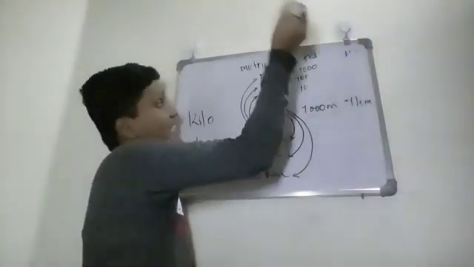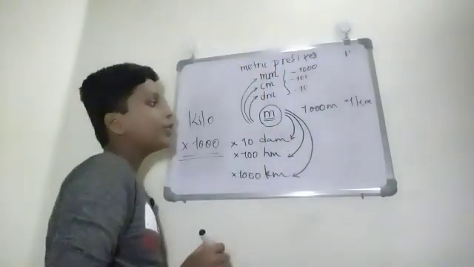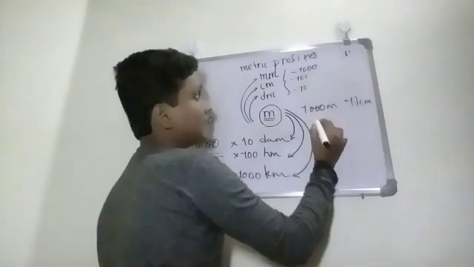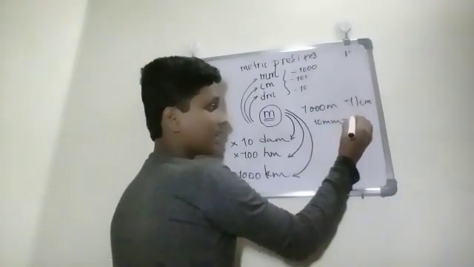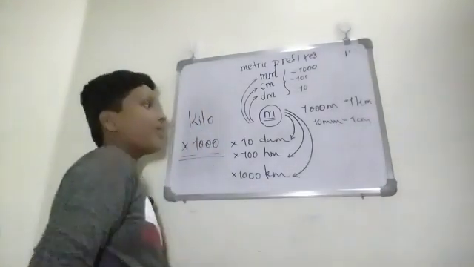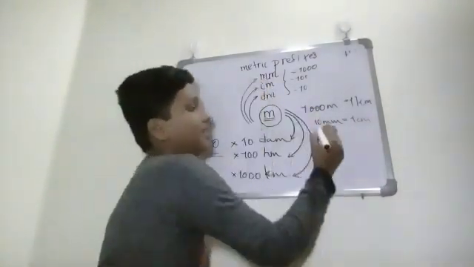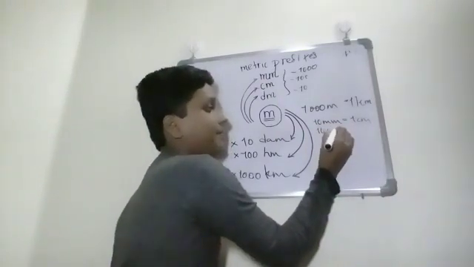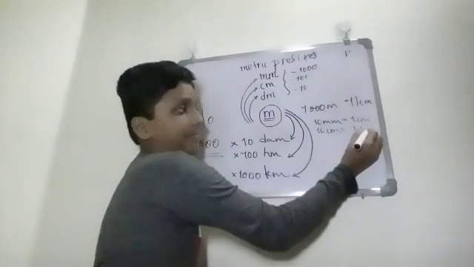What is the relation between millimeter and centimeter? If you notice, it is 10 millimeter equal to 1 centimeter. What is the relation between centimeter and decimeter? 10 centimeter is equal to 1 decimeter.